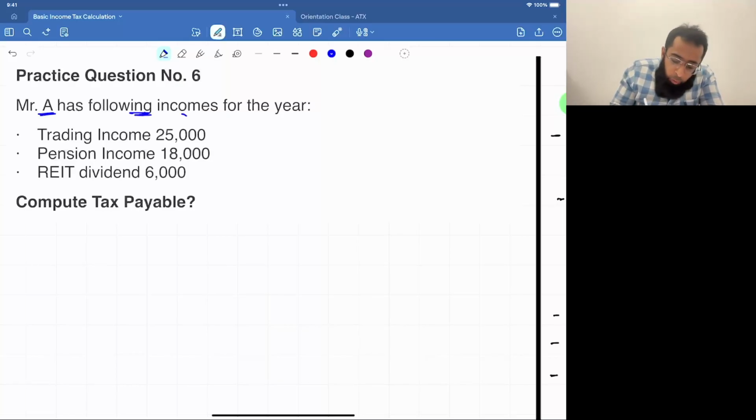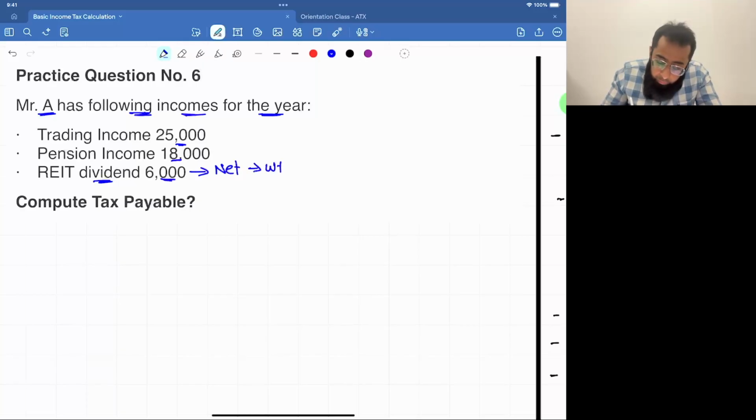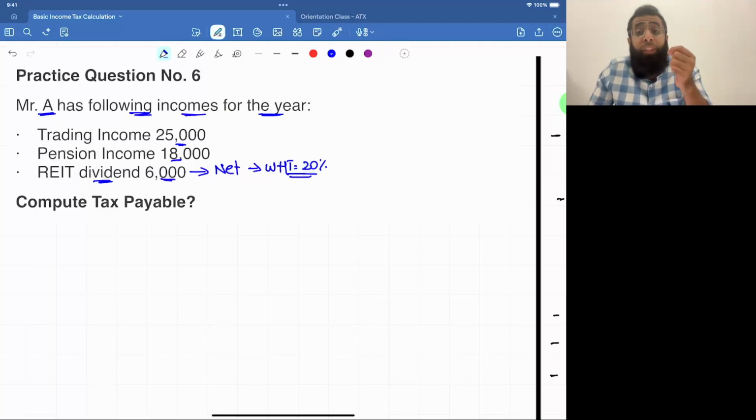Mr. A has following incomes for the year: trading income 25,000, pension income 18,000, real estate investment trust dividend 6,000. Obviously it's net. 20% is the withhold, advanced tax, tax deducted at source. Let's look at it.